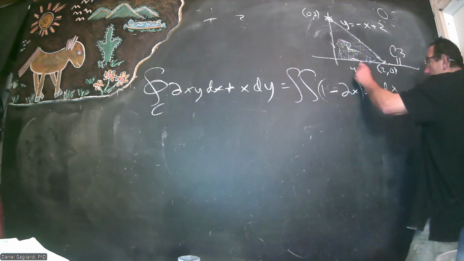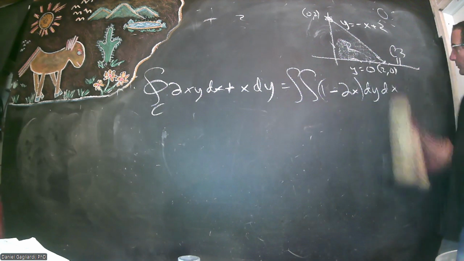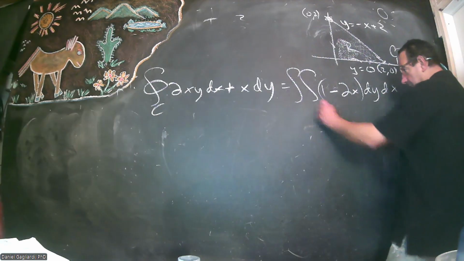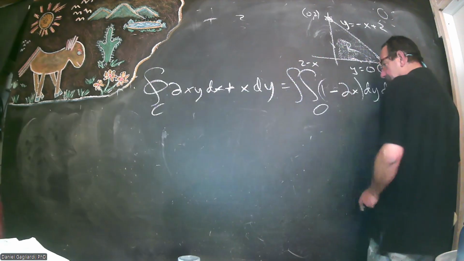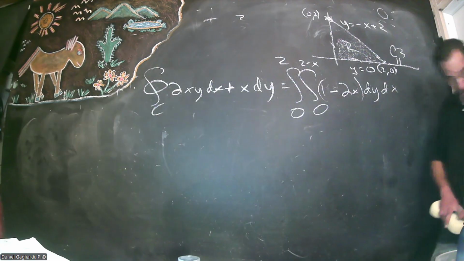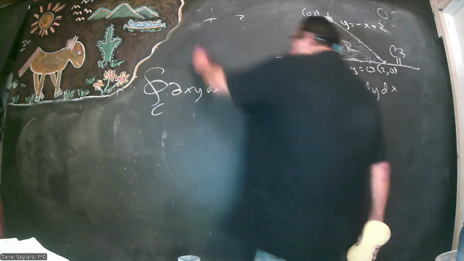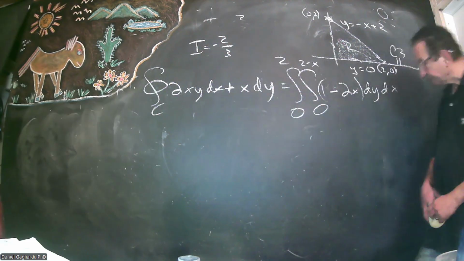And then on the bottom, we have y equals 0, and x goes from 0 to 2. So we have y from 0 to 2 minus x, and then x goes from 0 to 2. And if we get a value of negative 2/3, we're going to be happy, because when we parametrized this, we got negative 2/3.